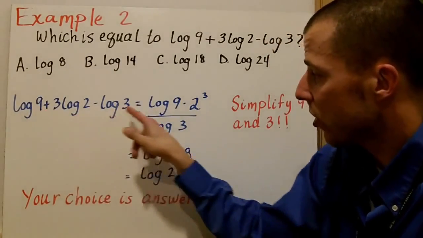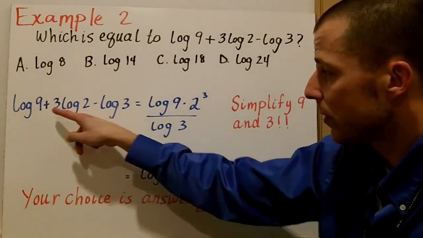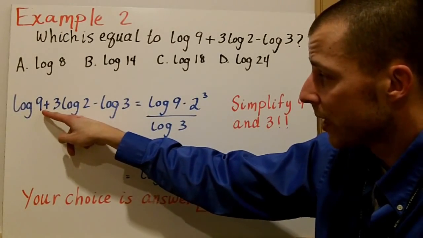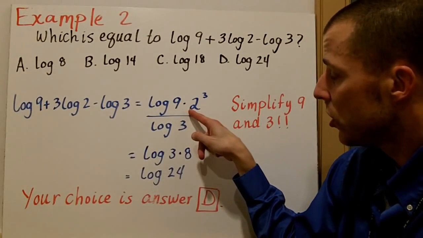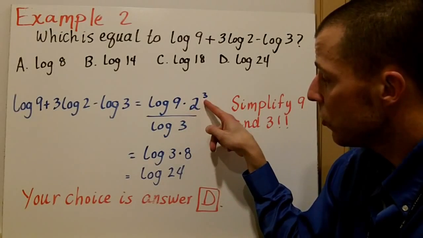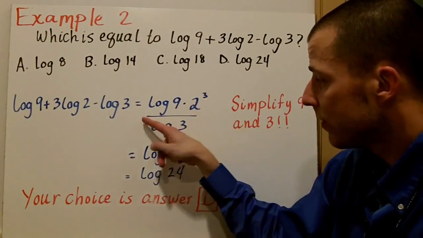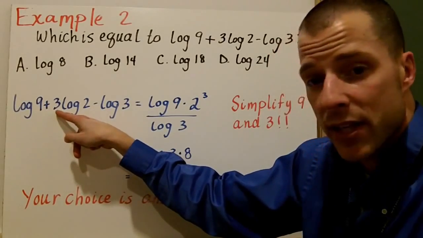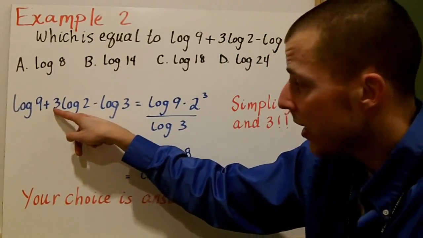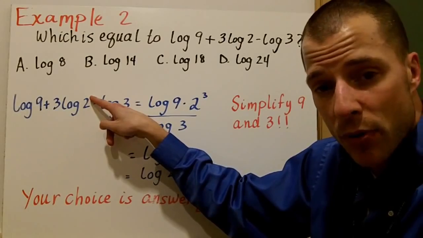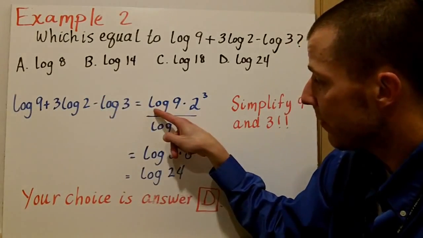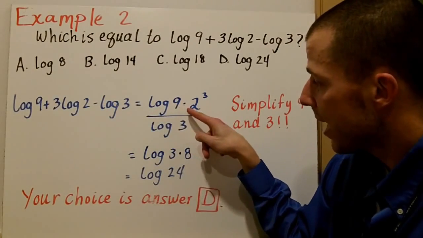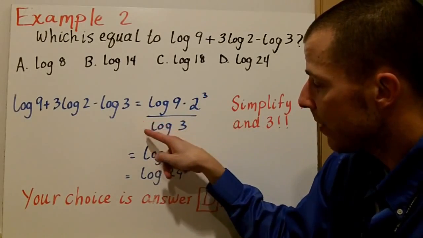And so you see this log 9 times 2 to the 3rd power divided by log 3. So you have the multiplication because of the addition, and that 3 is going to go to the exponent of 2. So that's why we have log 9 times 2 cubed divided by 3.